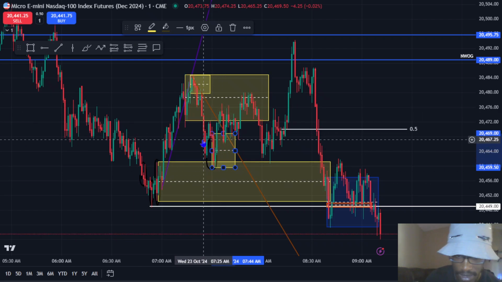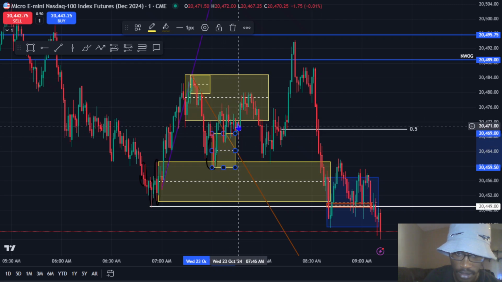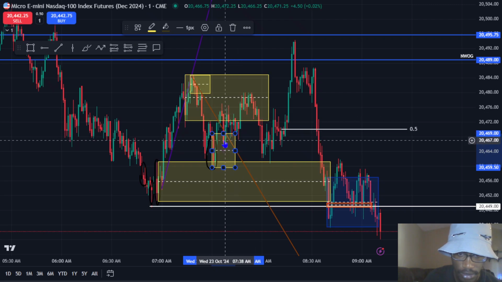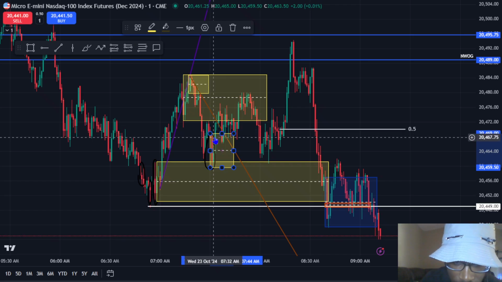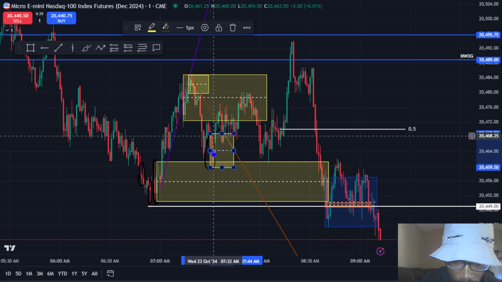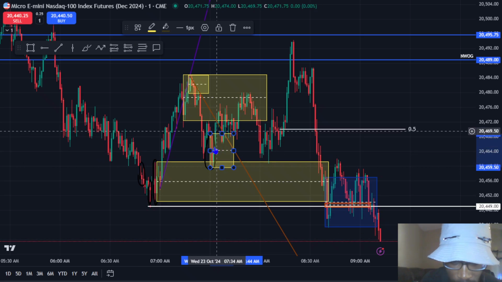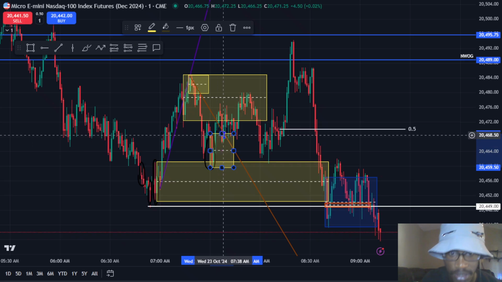That's nice to see. You got a little consolidation within here, but you would try to enter at least at the top of this imbalance with this small wick right here, this small doji candle, somewhere within that zone. If you were to enter on that zone, you'd just be chilling.